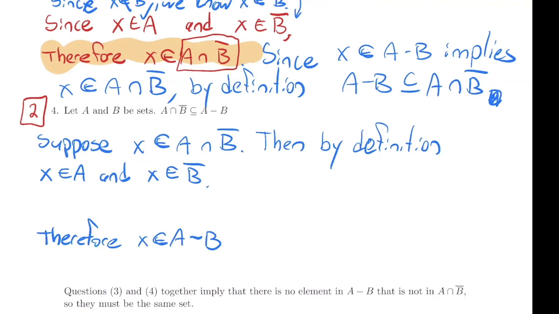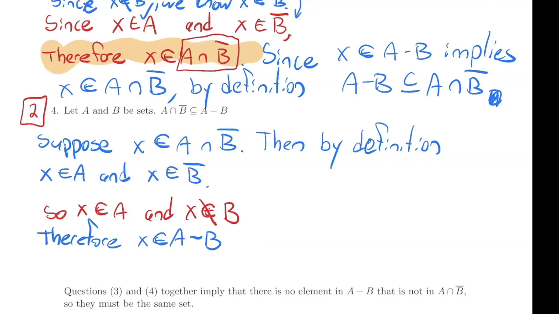What would come before you said, therefore X is in A minus B, would be, right? So that's what it means by definition to be in the difference of those two sets. I think that's the only connection we need between those two, right? Saying that X is in A and X is not in B, or is in B complement, is the exact same thing as saying X is in A and not in B.